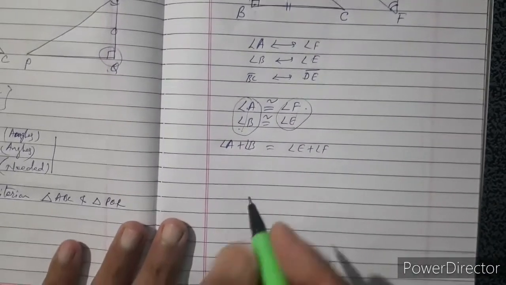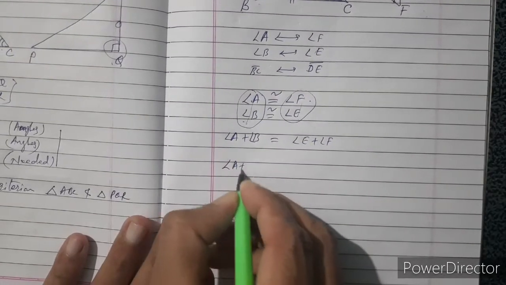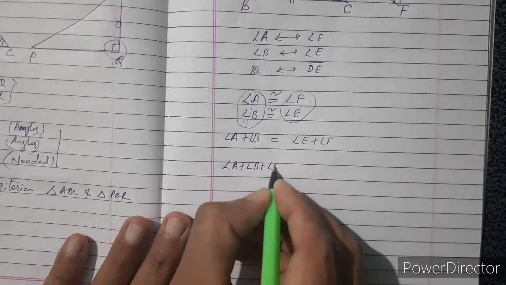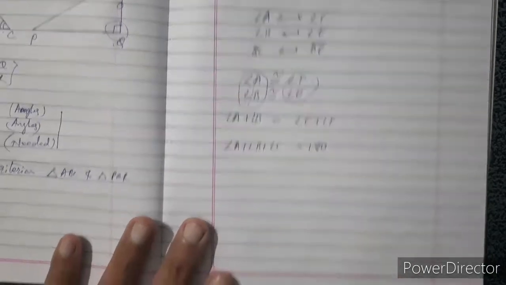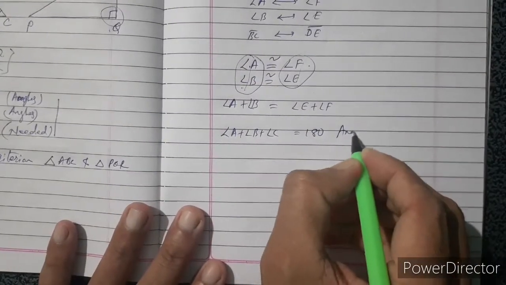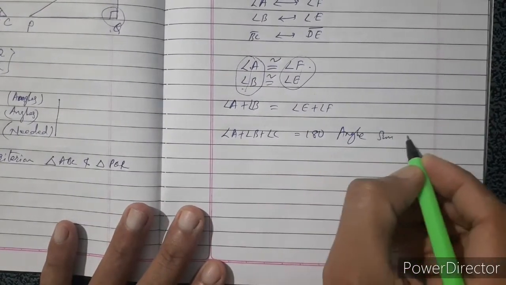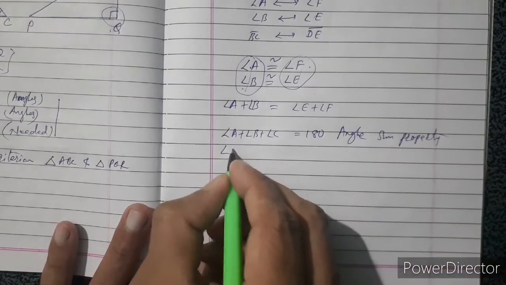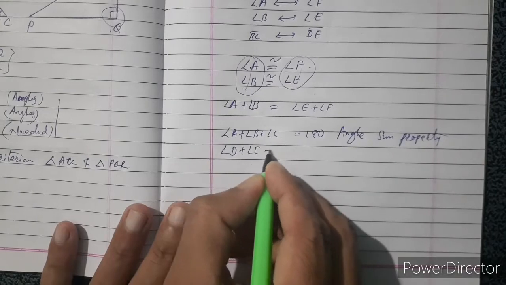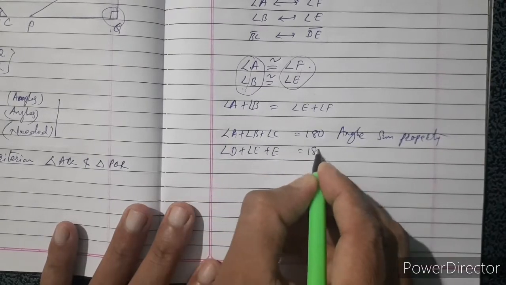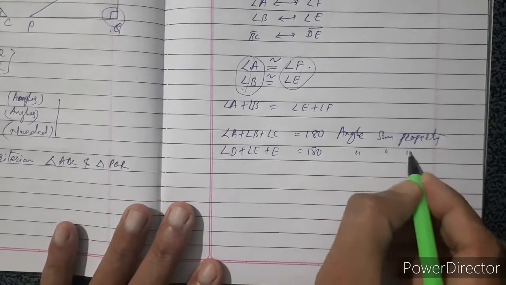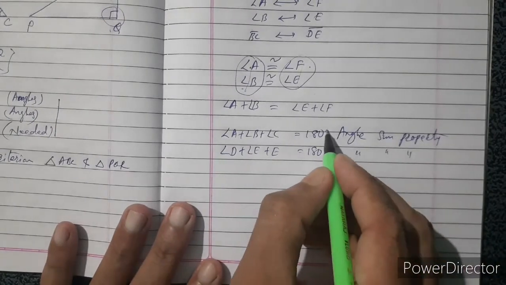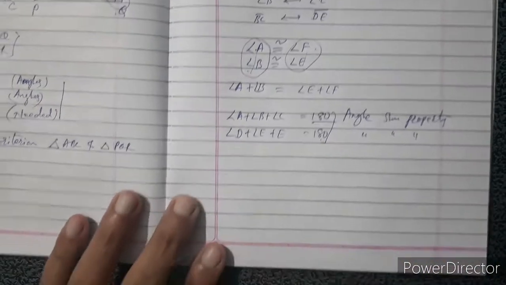Now we know that angle A plus angle B plus angle C equals 180, the angle sum property. Same, angle D plus angle E plus angle F equals 180, that is also the angle sum property. That means the sum total of both is 180.